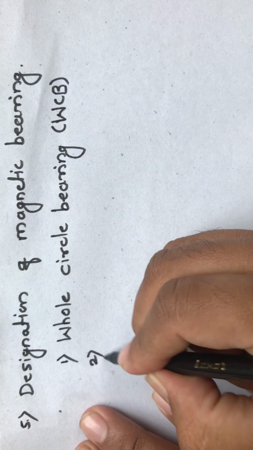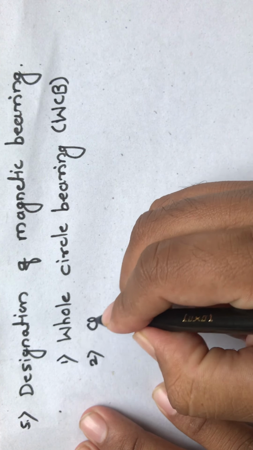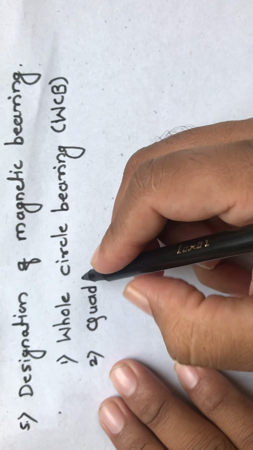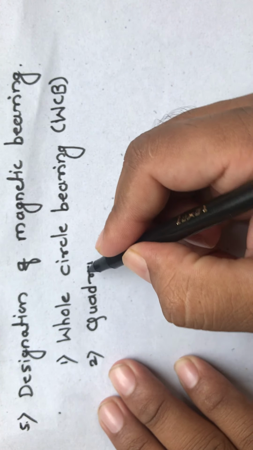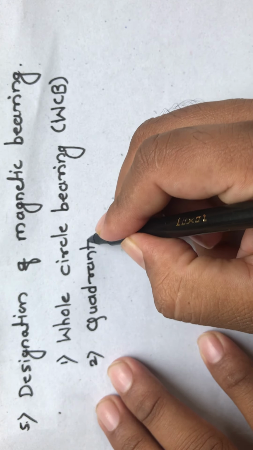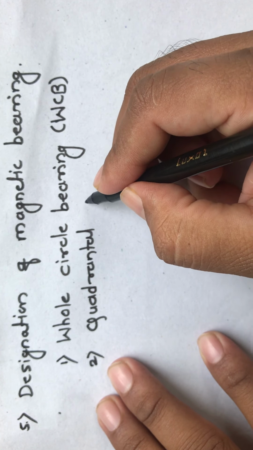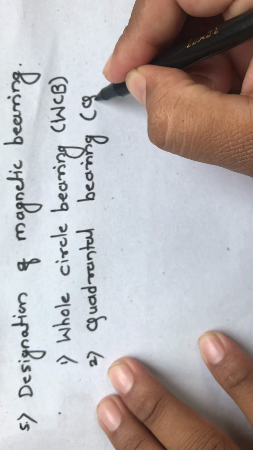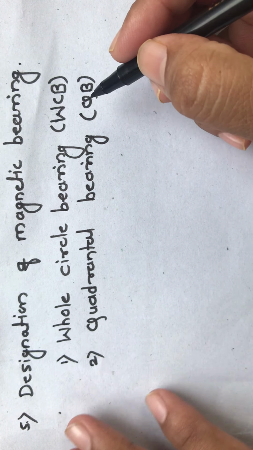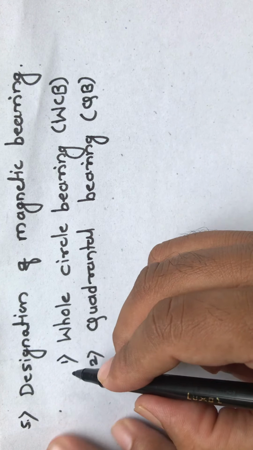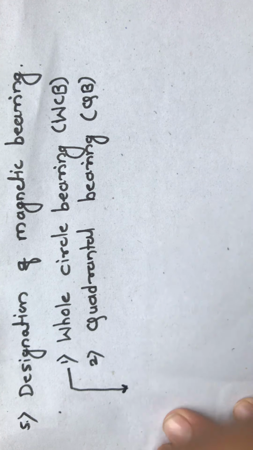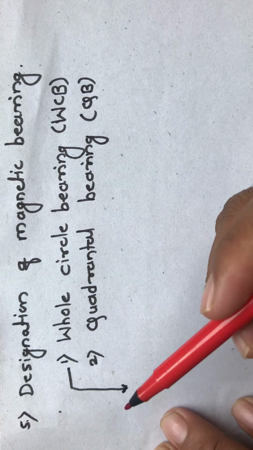And the second one is the quadrantal bearing, called QB. First, we'll learn what a whole circle bearing is.